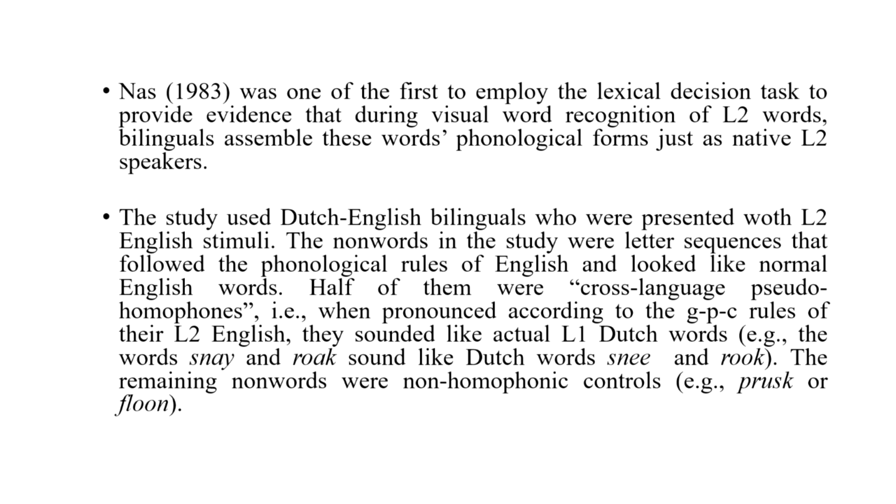However, half of them were cross-language pseudo-homophones: when pronounced using the spelling to sound rules of English, they would sound like actual L1 Dutch words. For example, snee and rook sound like the words snee and rook from Dutch. The remaining non-words were non-homophonic controls, for example prusk or floen, which do not sound like Dutch words.